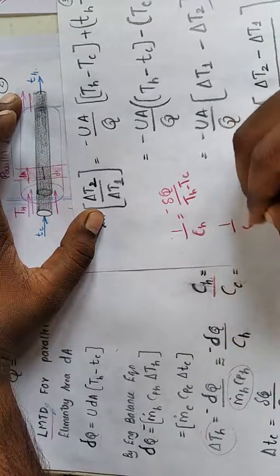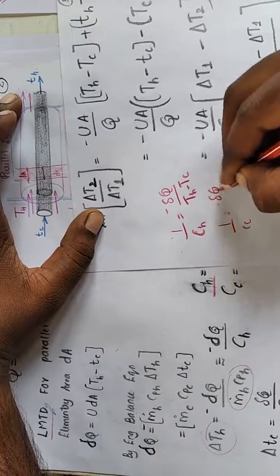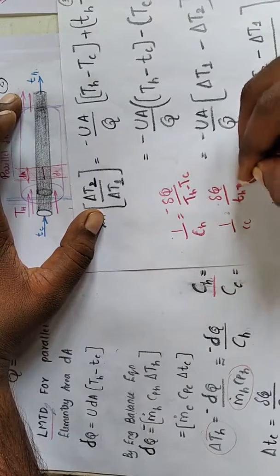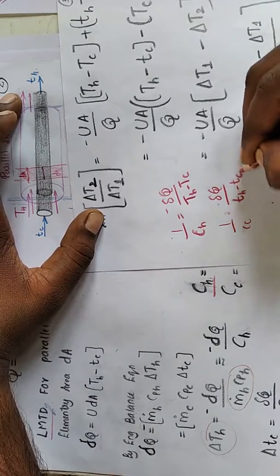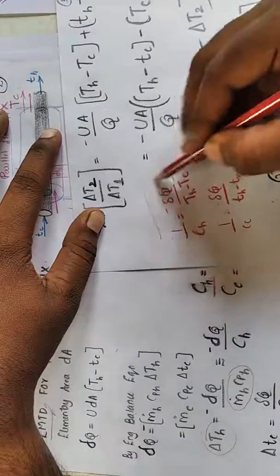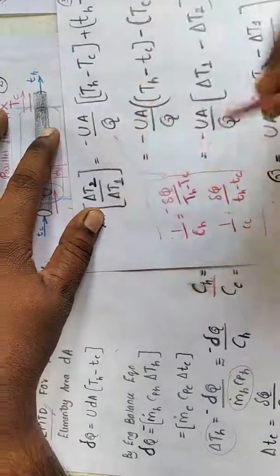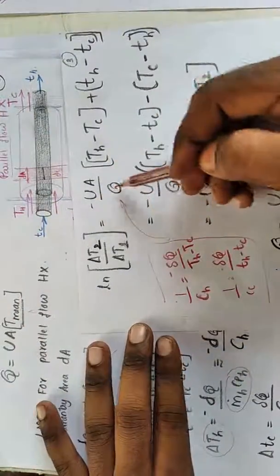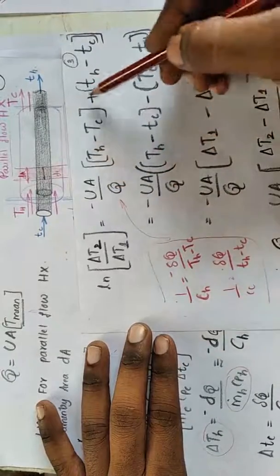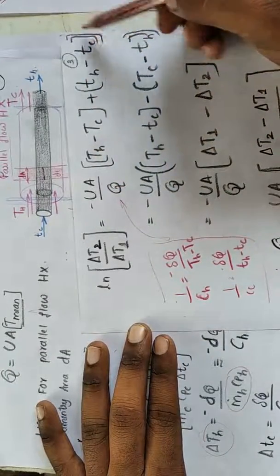Similarly, 1 by C_c is equal to dQ by small T_h minus small T_c. Okay, here we are going to substitute for this term. Minus UA into T_h minus T_c plus T_h minus T_c.